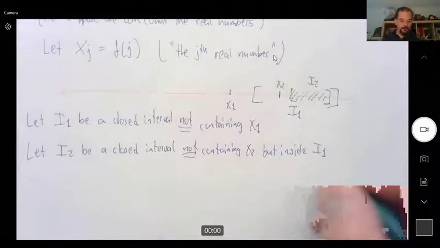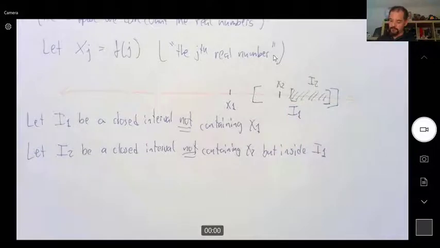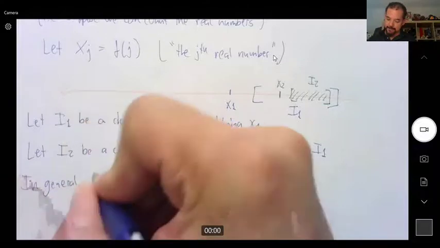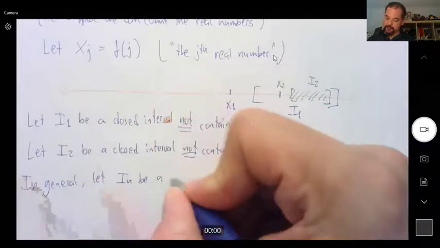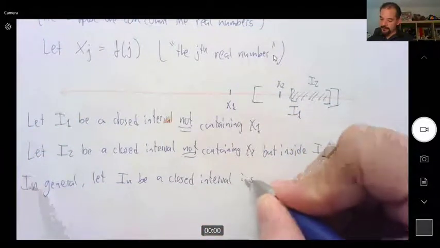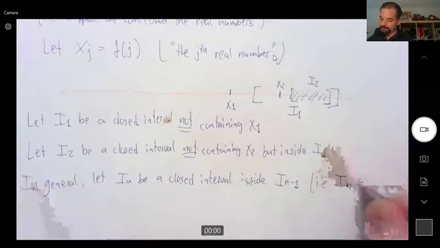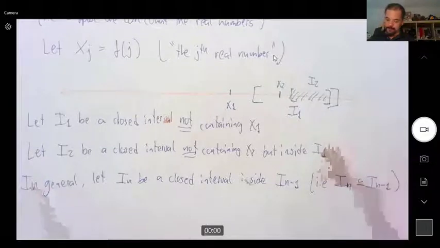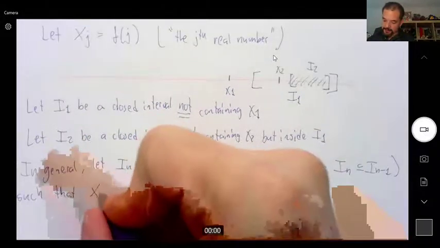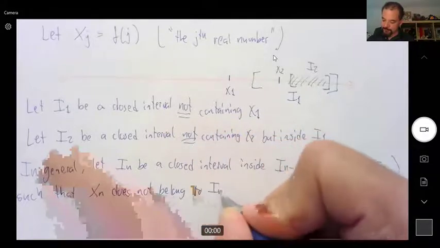Good. So now we're gonna keep doing this, right? So we did the first interval and the second interval, so let's do the third. So in general, let I_n be a closed interval inside I_{n-1}. By inside, I mean a subset, such that x_n does not belong to I_n.